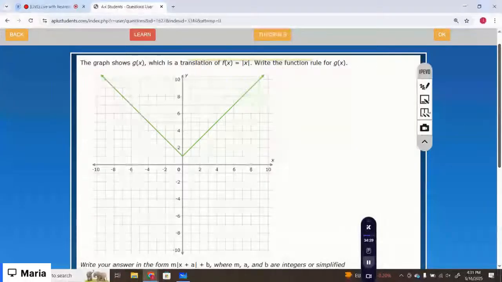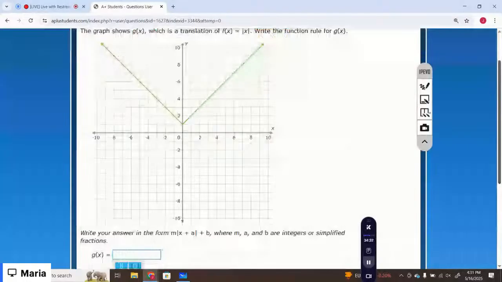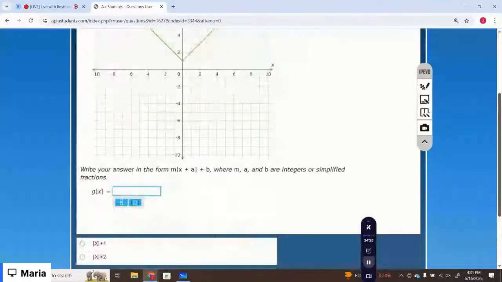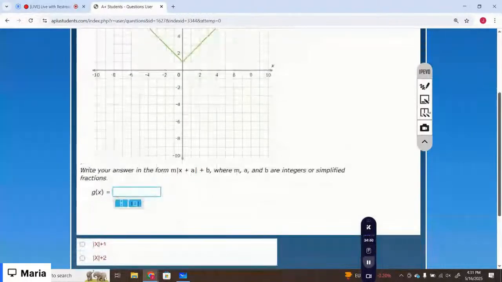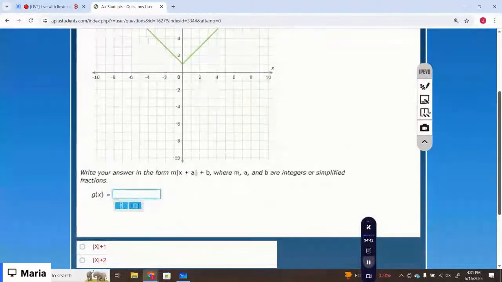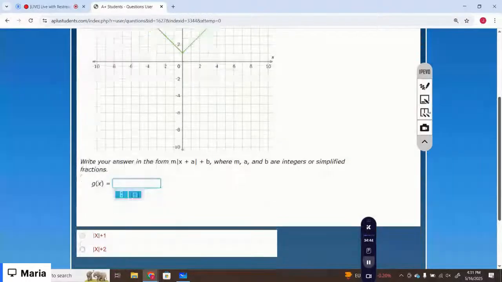Write the function rule for g of x. Write your answer in the form m times absolute value of x plus a, plus b, where m, a, and b are integers, simplified function.